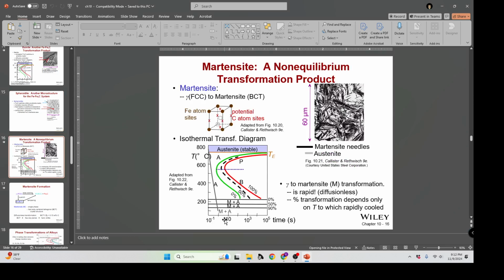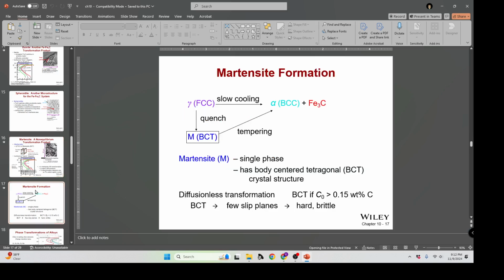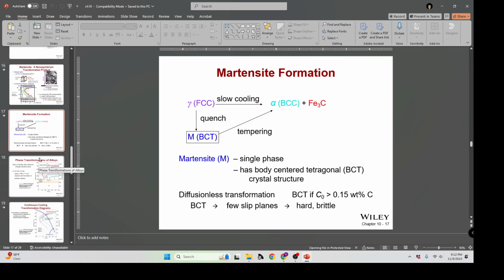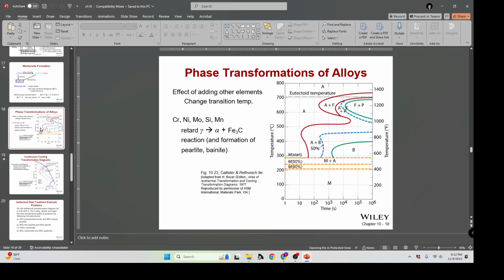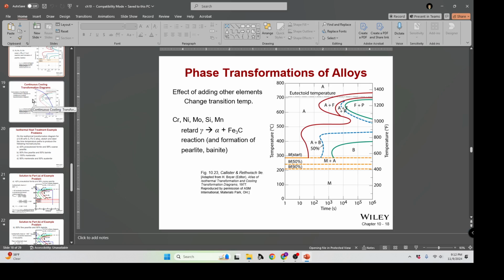Quick and rapid thermal transition allows for a diffusionless crystallization process, forming martensite. And depending on what you're doing, martensite is extremely brittle, but you can temper it by bringing the temperature back up for a length of time.